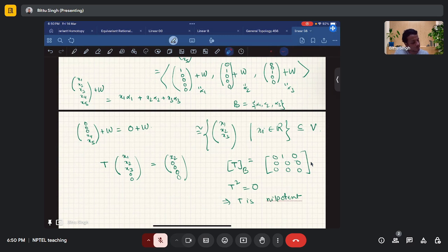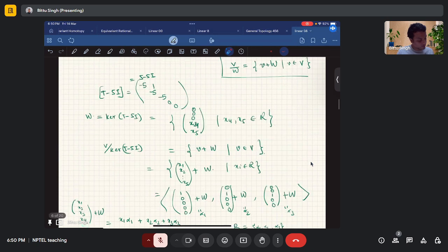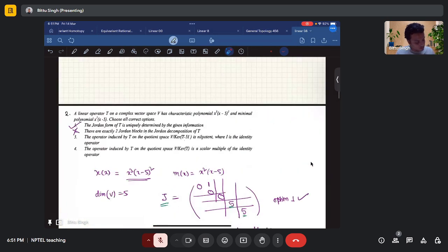You can also see this exact fact from here, because if you again apply T on this, it is the same as T on this, but the second entry is 0, so it will be 0, 0. So from here it is clear T square is 0. Again, from the matrix representation, this is the same fact, and therefore we obtain T is a nilpotent matrix.